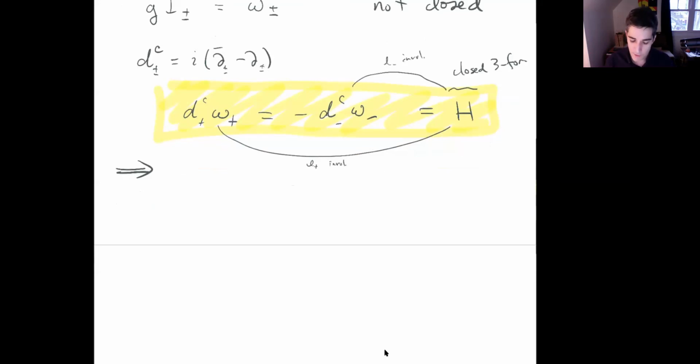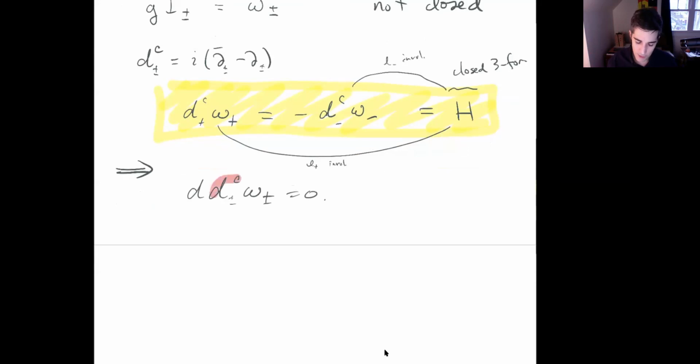So because of this fact, it turns out that DDC omega plus is equal to 0. So I have to color this in red.